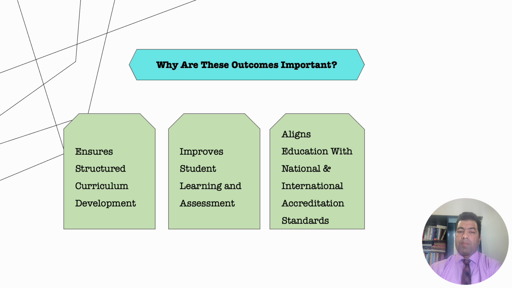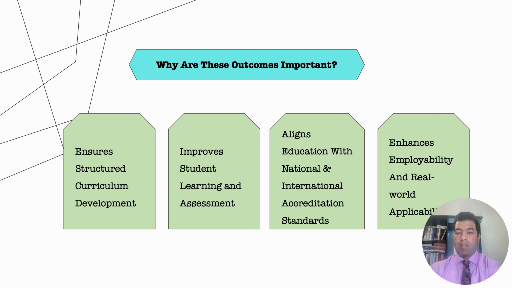Why are these outcomes important? They align education with national and international accreditation standards. We always have national and international accreditation standards, like in Saudi Arabia we have NCAAA, and international standards to meet. So these learning outcomes are important to make the institute or course global.